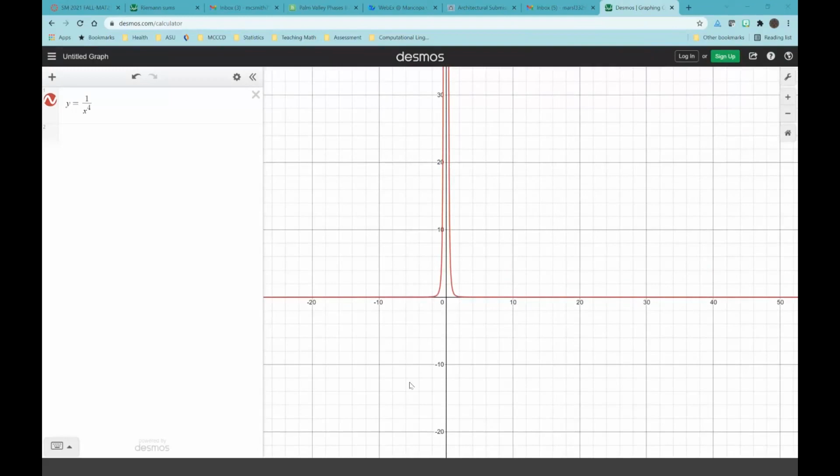A definite integral is asking you for an area. What do you think? Well, okay, you think it's a finite number. Anybody else have an opinion?